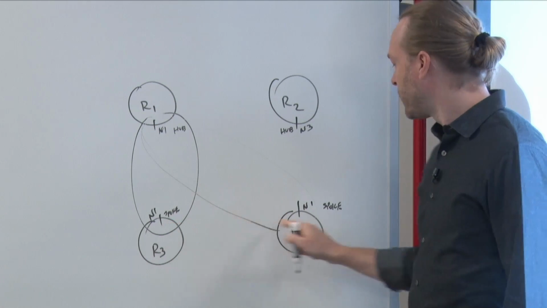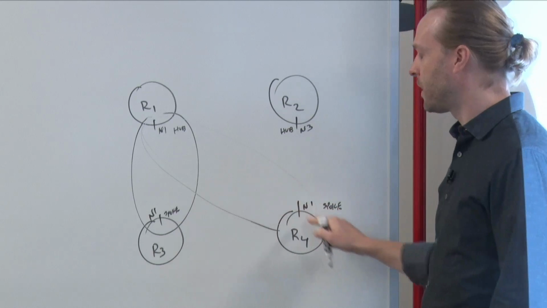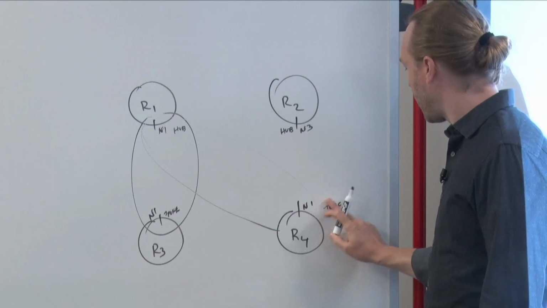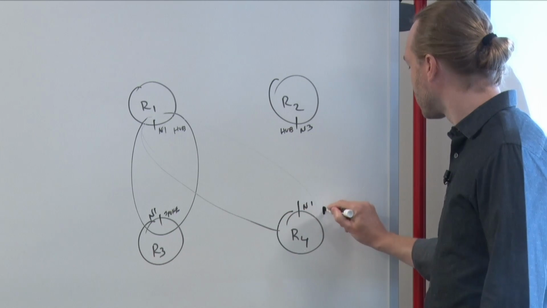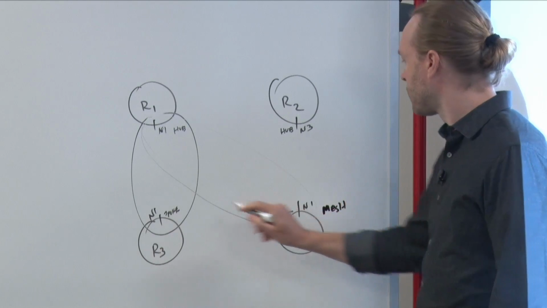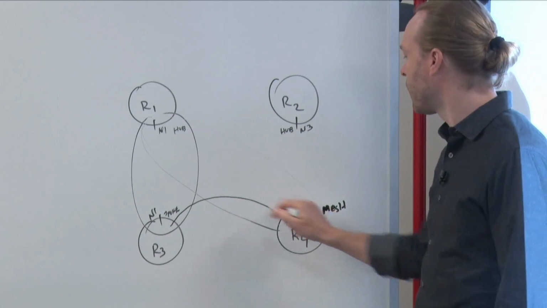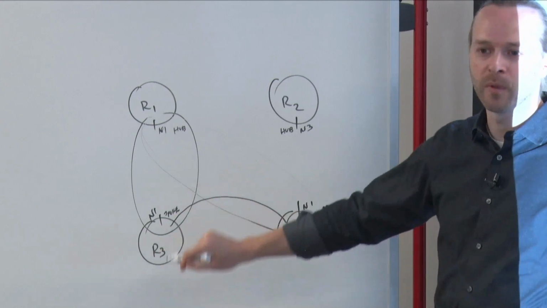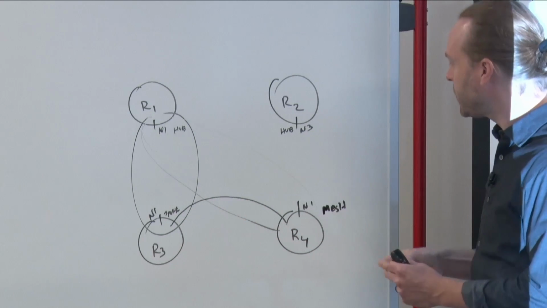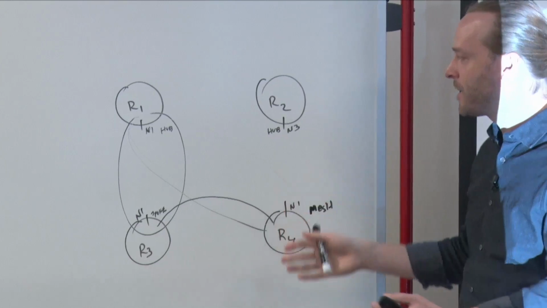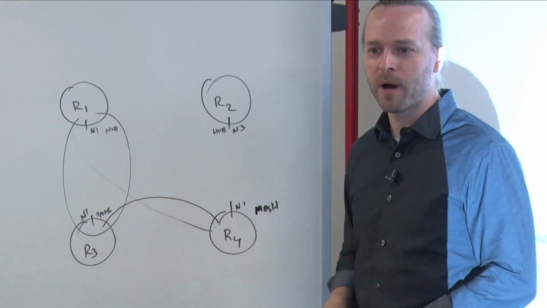And these two being spokes, they don't communicate to each other. If I change this to a mesh, these two now would communicate, would create a peering relationship between the two. So it's the combination of hubs, spokes, and meshes that you really define the entirety of your topology.